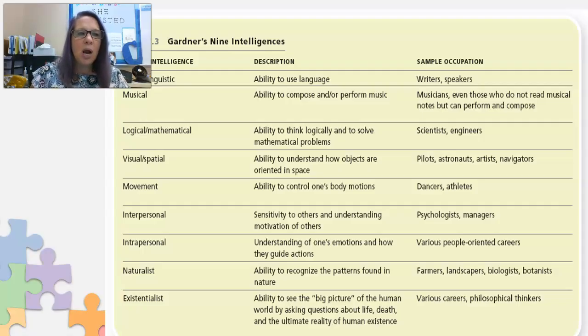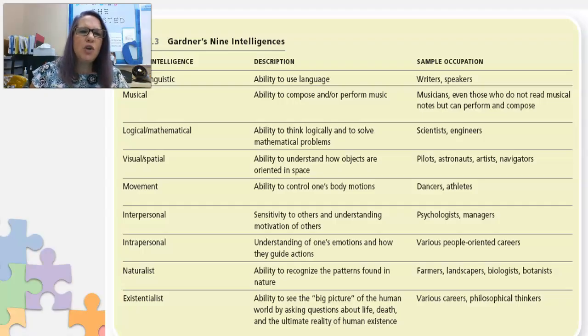And they are linguistic, musical, logical or mathematical, visual or spatial, movement, interpersonal, intrapersonal, and naturalist. So make sure that you write these down with a very brief description in your video notes.